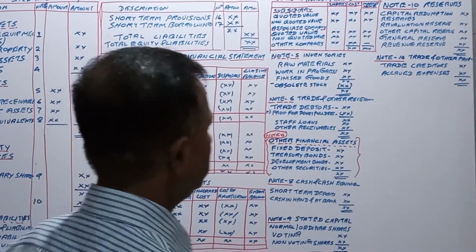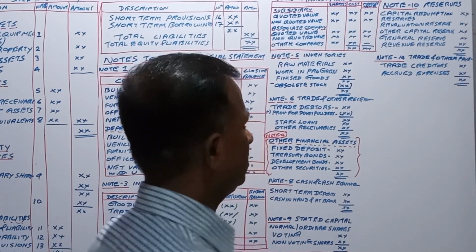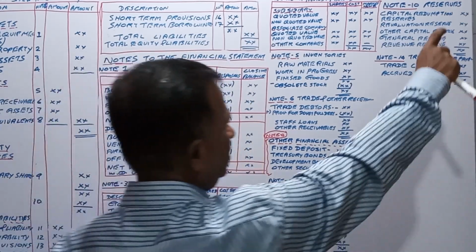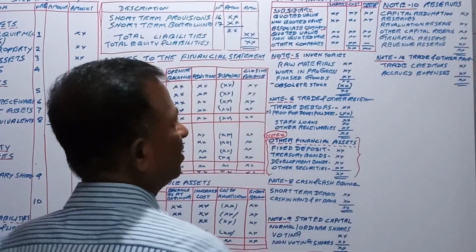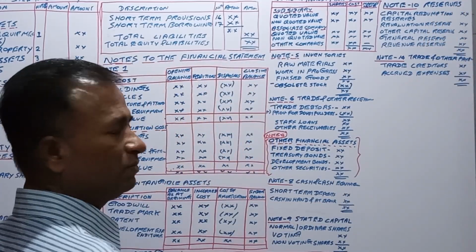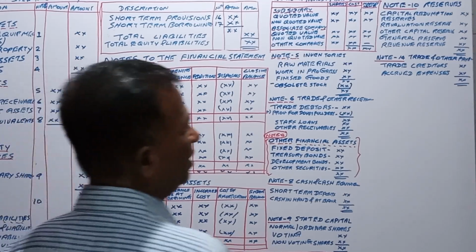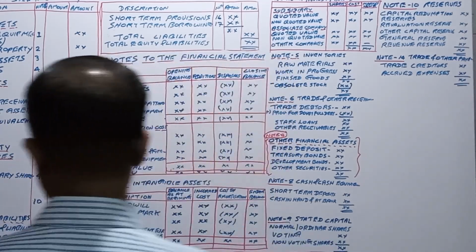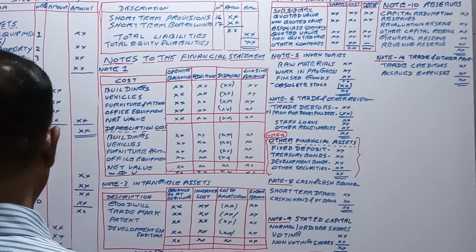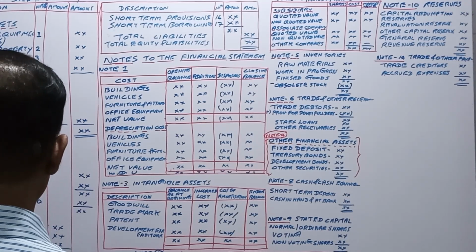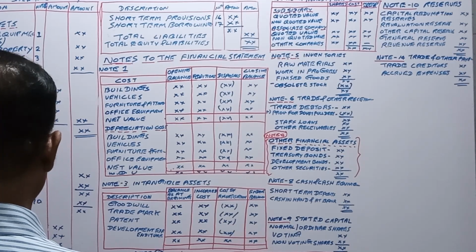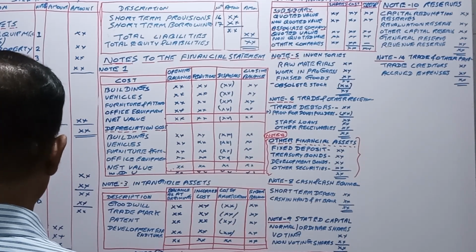Revenue reserves you have also seen in the past. Other types of reserves we can see later when we are doing the sums. Other items are deferred tax liability and long term provisions, but we can see those when we are doing the accounts.